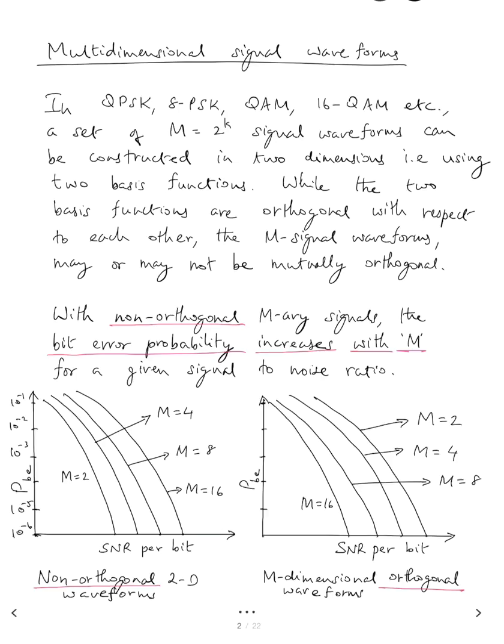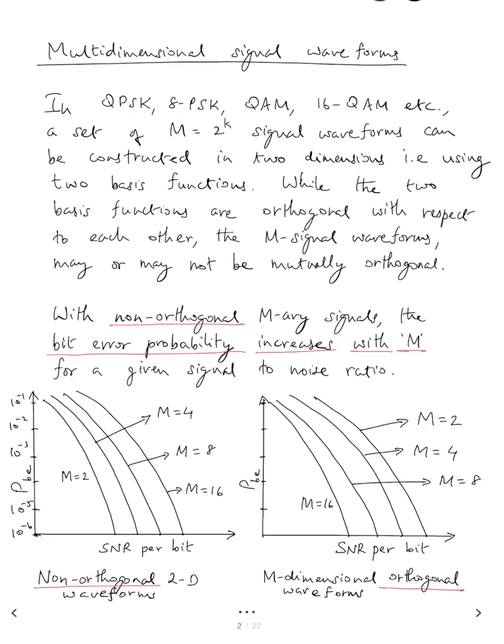In such a case, if we plot the bit error probability against the signal to noise ratio, again the signal to noise ratio per bit, what we notice is, as the value of m is increased from 2 to 4 to 8 to 16 and so on, the probability of error increases for a given signal to noise ratio.